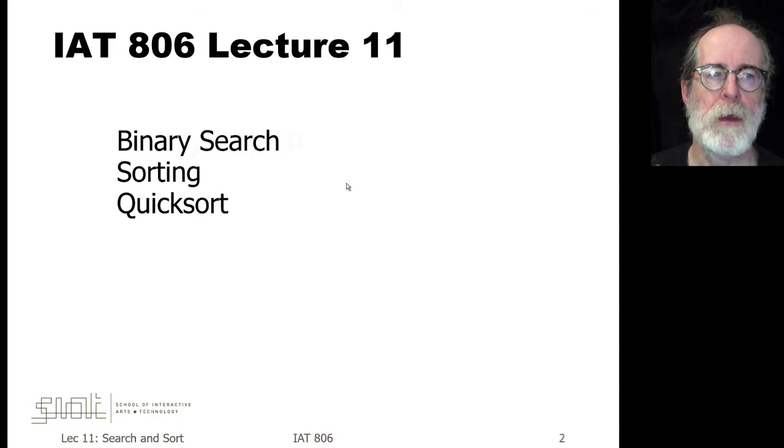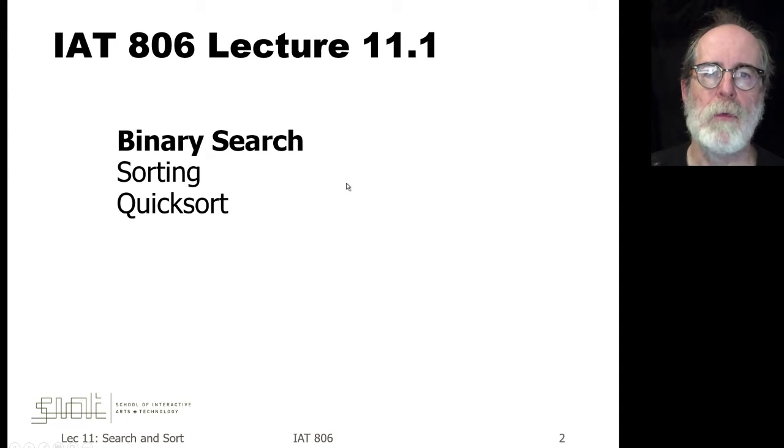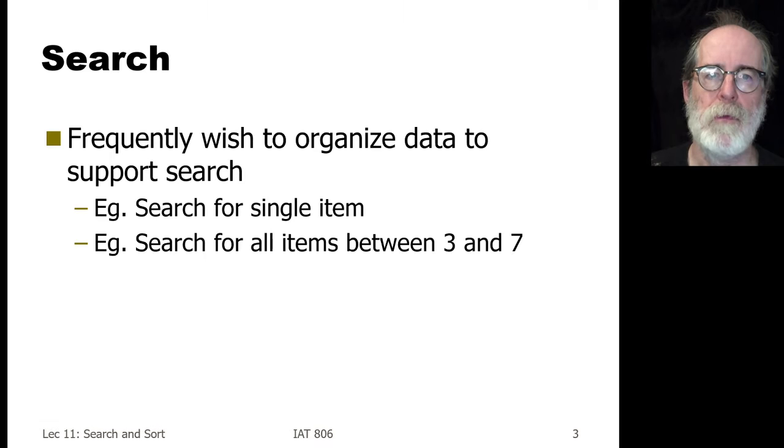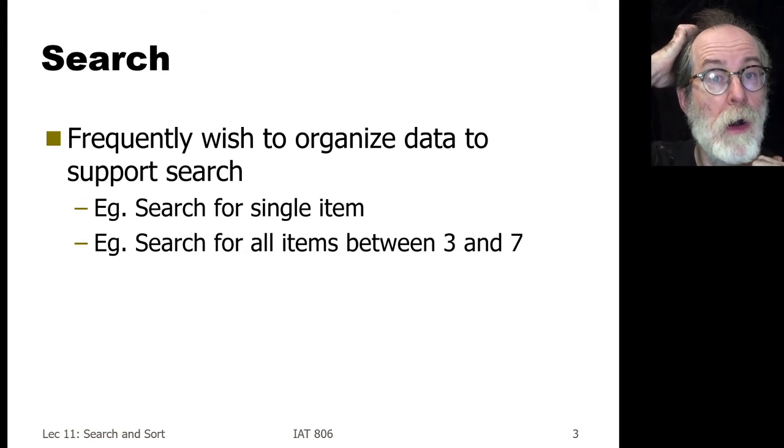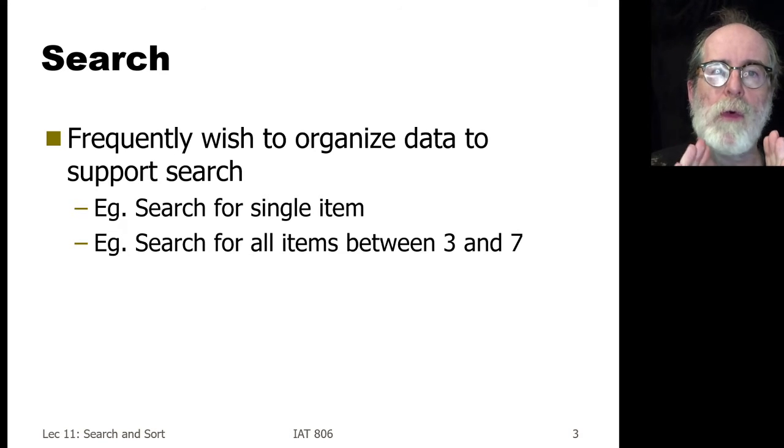So in this segment we're going to be talking about binary search. I had talked in a previous lecture about building a data structure to do searching, namely the binary search tree, but I hadn't really talked about what work you do if you have your data in a collection such as an array or an array list.